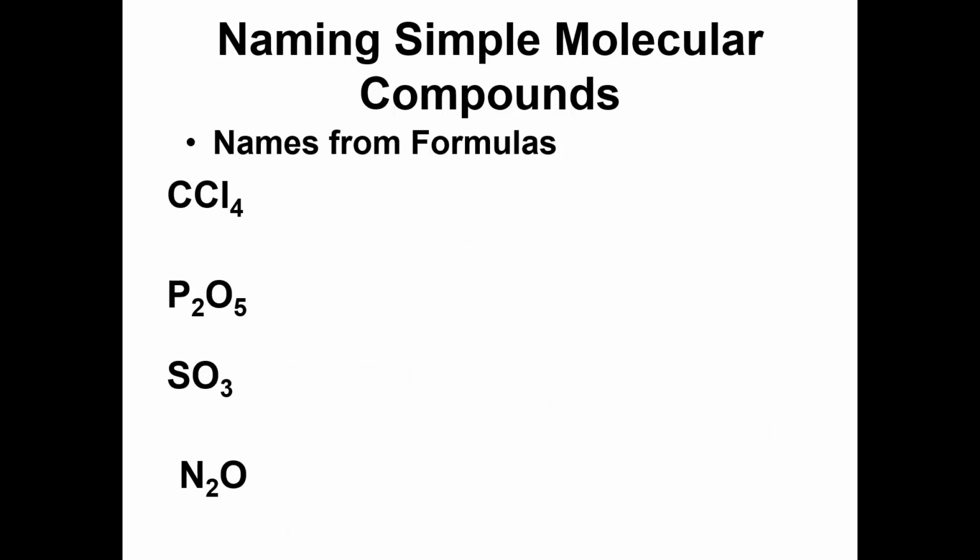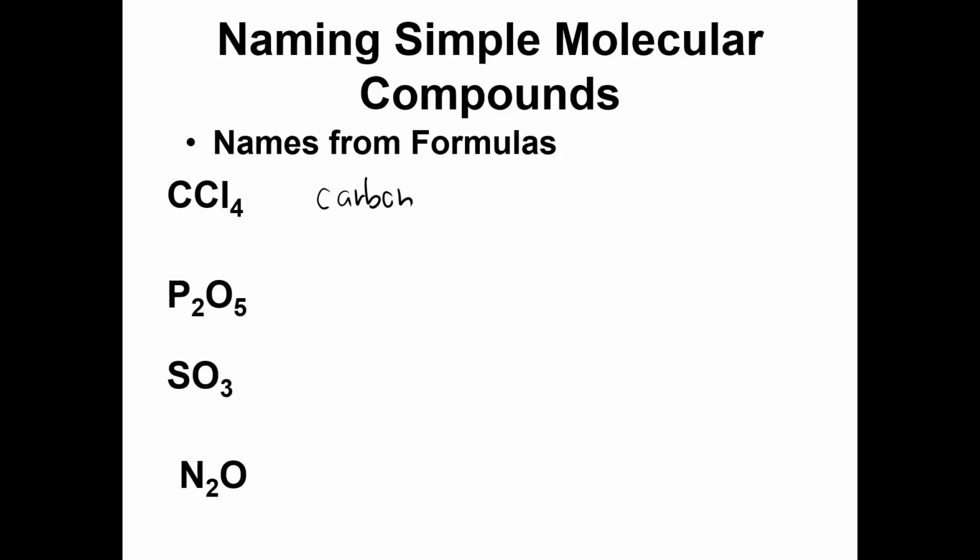So, knowing the prefixes: mono, di, tri, tetra, penta, hexa. We will not go beyond hexa in this class. So we have carbon, a single element. If you have more than one, you do give it the prefix.